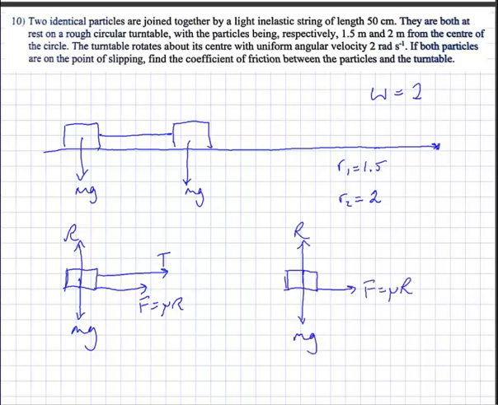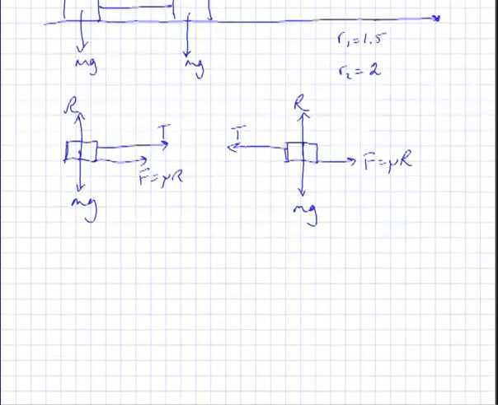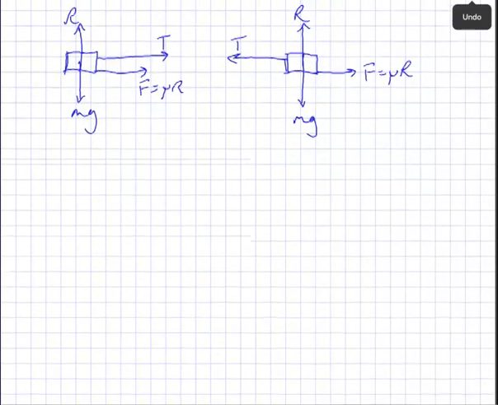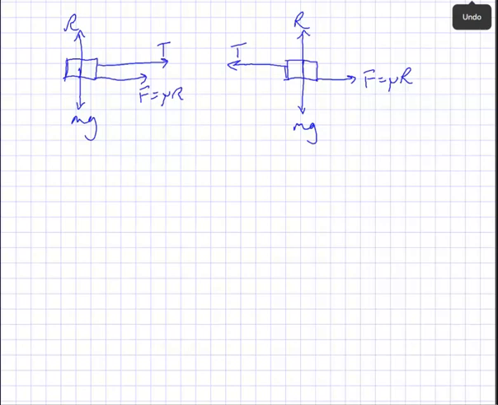Again, the other object has the same scenario: it has a weight, a normal reaction, and friction heading towards the center, but in this situation there's a tension effectively pulling it in the other direction. So firstly we have to appreciate the vertical forces.